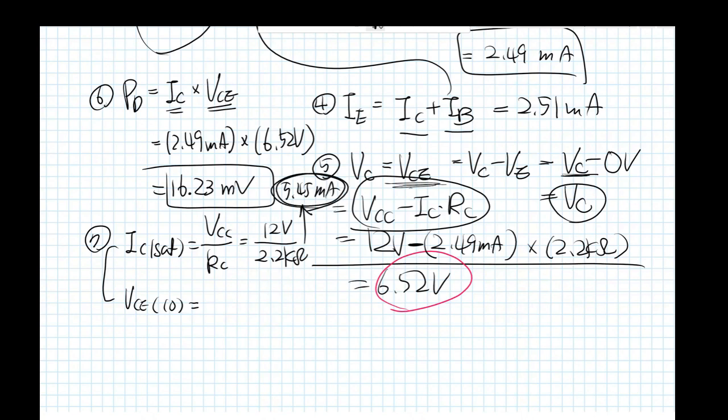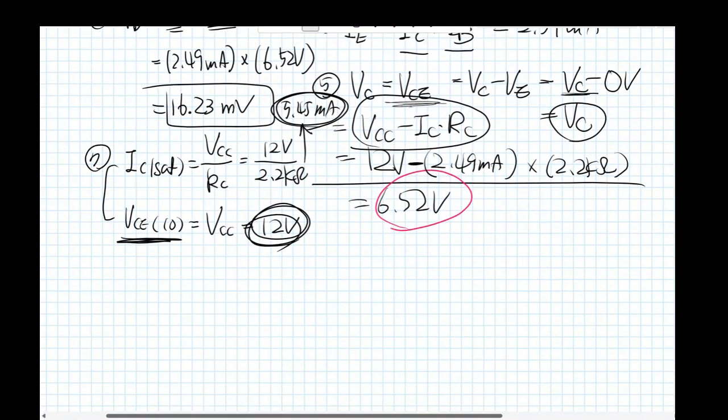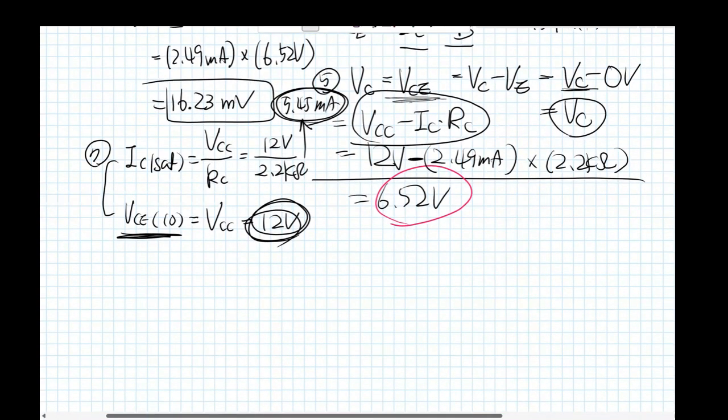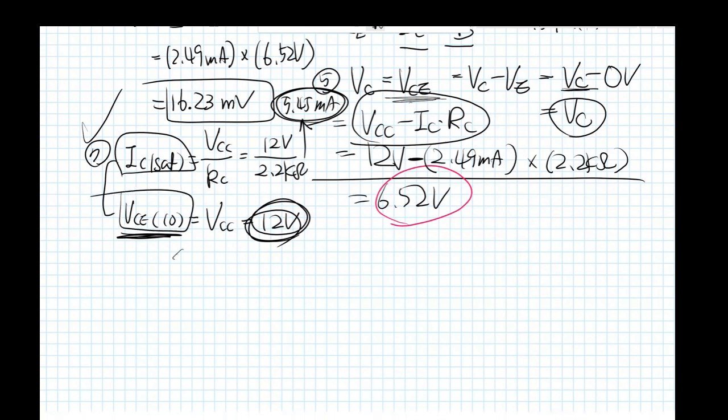Okay. And V sub CE cutoff is V sub CC, that is the 12 volt. So from the answer for question 7, I sub C saturation and V sub CE cutoff, we can draw the load line.